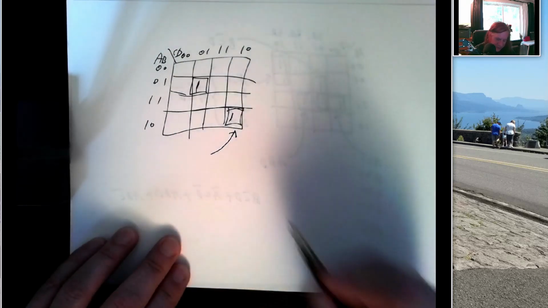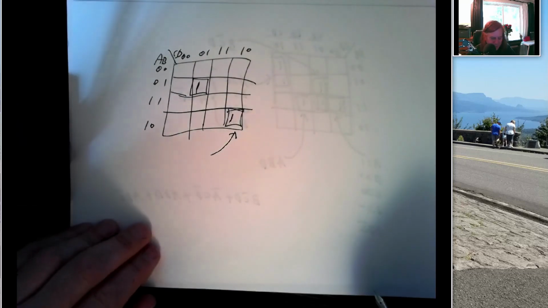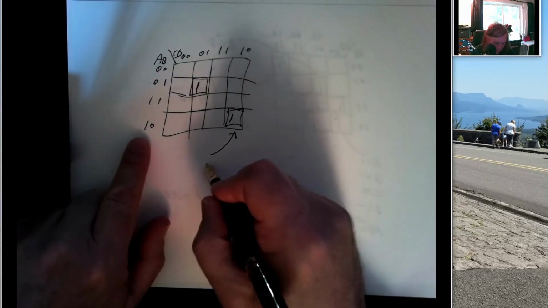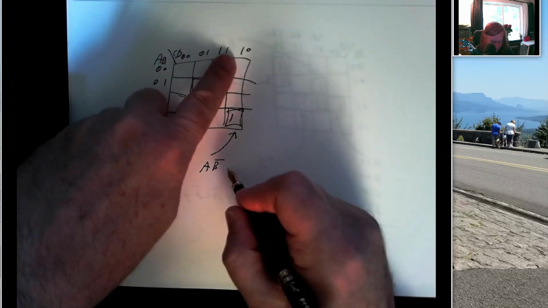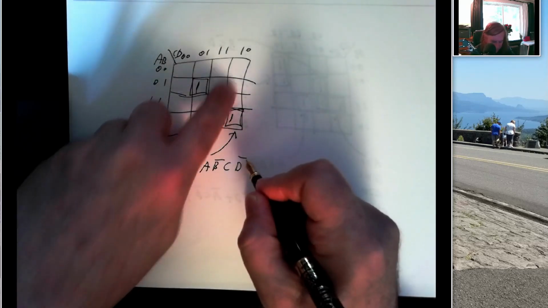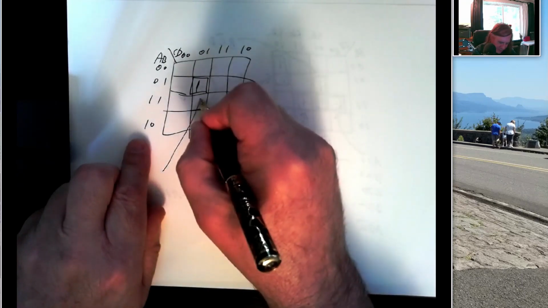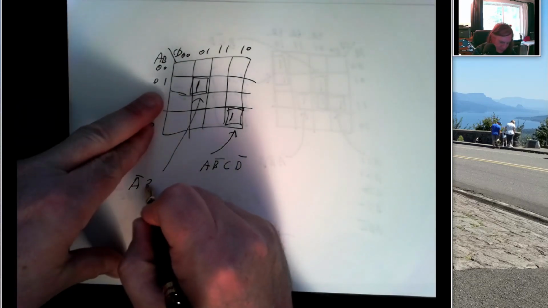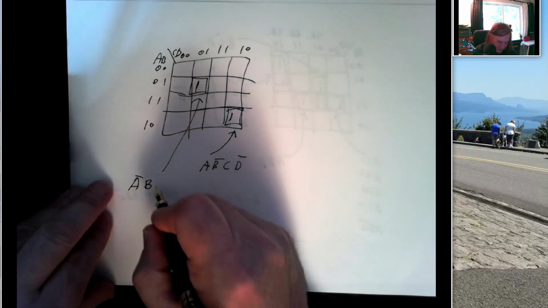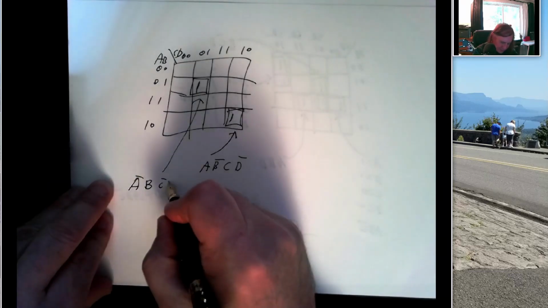If we look at this rectangle right here, what is the equation corresponding to that rectangle? Well, A has to be a 1, B has to be a 0, C is a 1, D is a 0. And if we look at this term, A is a 0, B is a 1, C is a 0, and D is a 1.